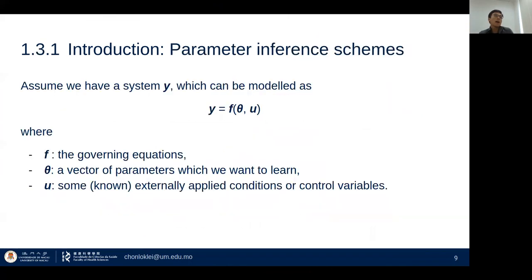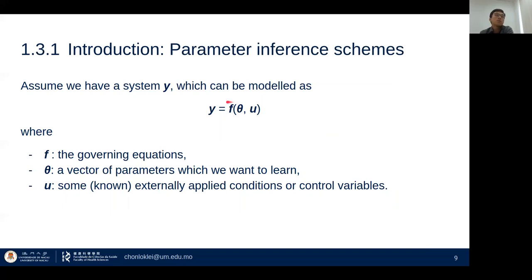So I will move on and talk about the next thing, the problem-to-inference schemes, or the techniques that we use when it comes to calibration or the use of the model, if you like. First of all, we assume that we have a system Y, which is the action potential model in this case, which can be modeled with a set of governing equations F, and that takes a vector of parameters theta, which we want to learn through calibration.